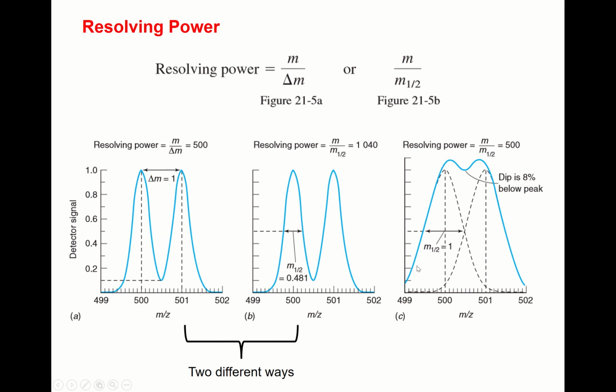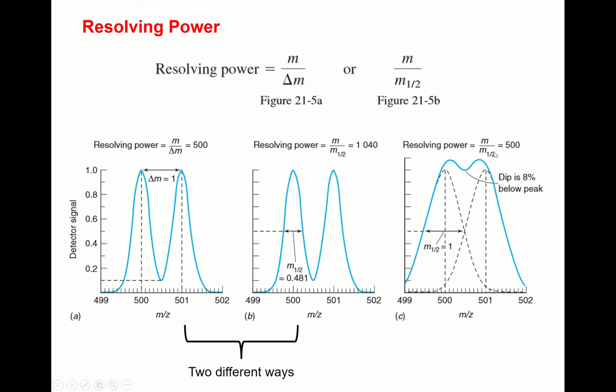In this case, the peaks are not well defined, very poorly resolved; this mass spectrometer is a bad one. M here is 500, and for delta M 1/2 you deconvolute the peak into two, and delta M 1/2 is one.